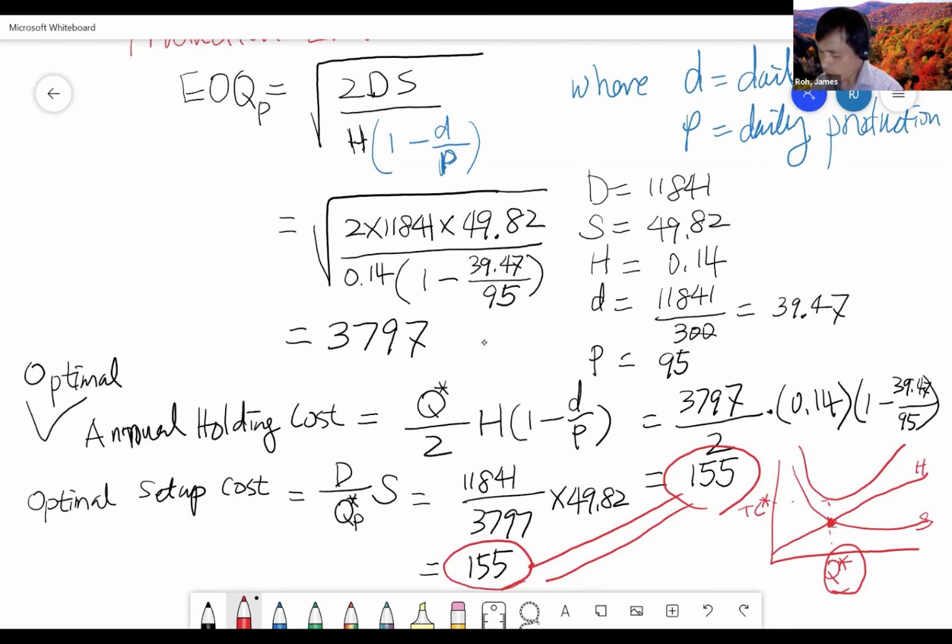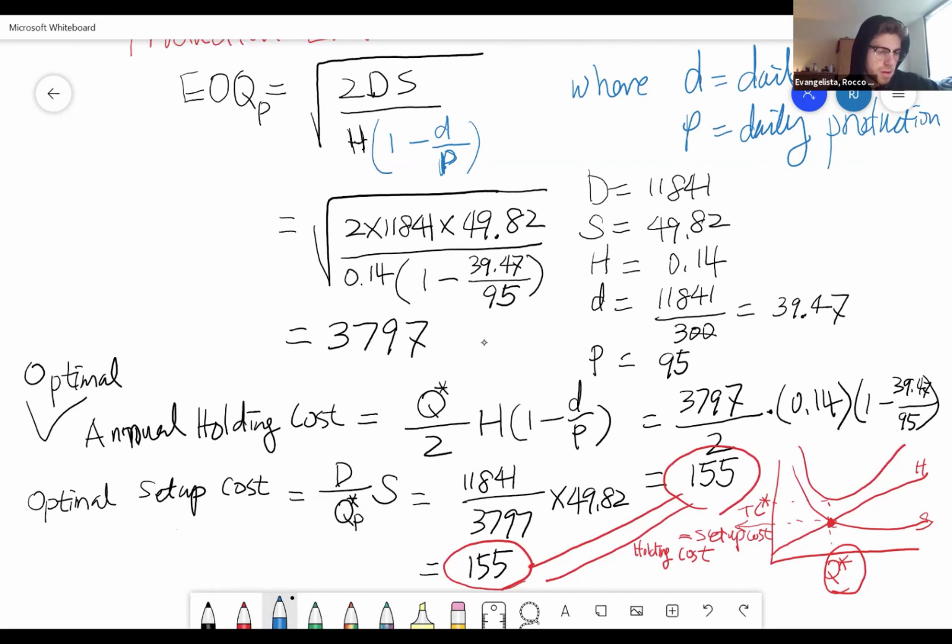Therefore, setup cost equals holding cost, right? So if you did everything correctly, I know that the answer has to be the same, 155, 155.